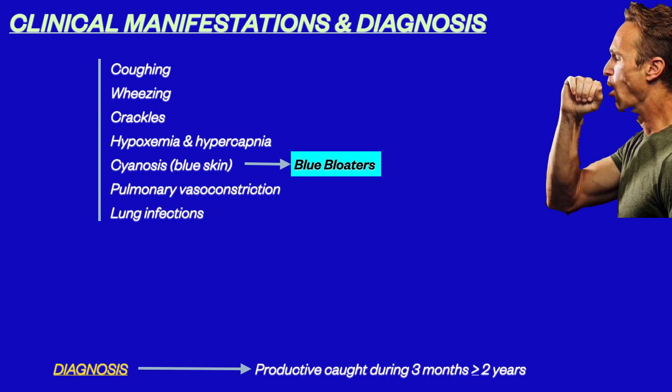And this is why patients with chronic bronchitis are sometimes referred to as blue bloaters. This is compared to the term that we use for people with emphysema. We'll see that later. They are called pink puffers.